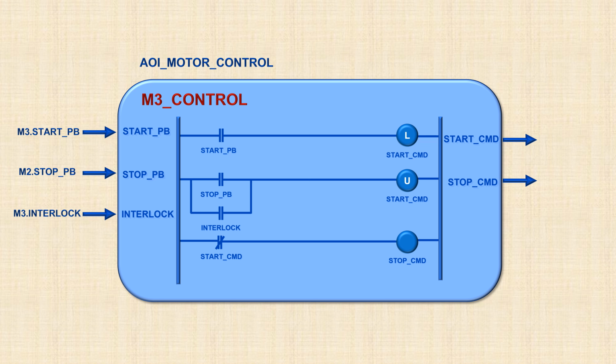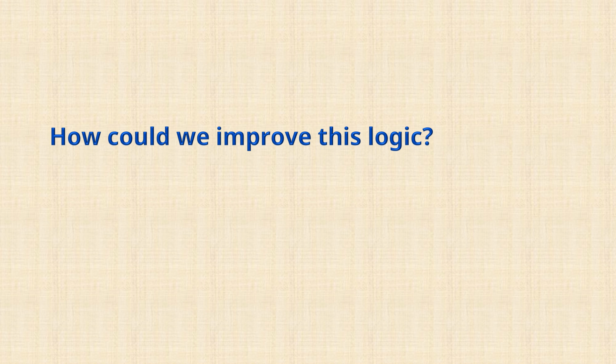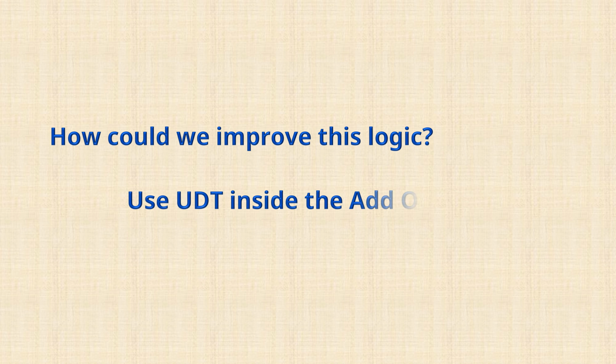There is still a small possibility that we could accidentally connect the wrong motor tag to an AOI as shown in the example here. To further improve our logic, we could use UDT inside an AOI.